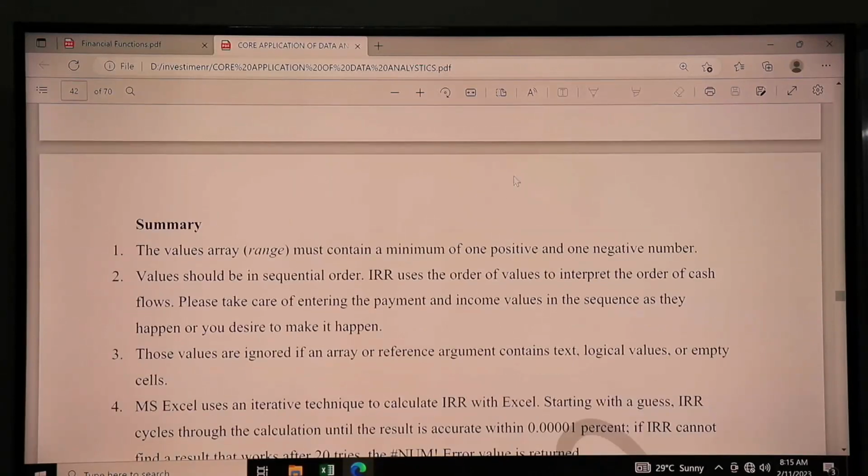So that is what you need to know about these two functions, the internal rate of return and the net present value. Remember that there are other options you can use to tell whether the project is worth investing in, like the payback period, which is still another way of confirming.